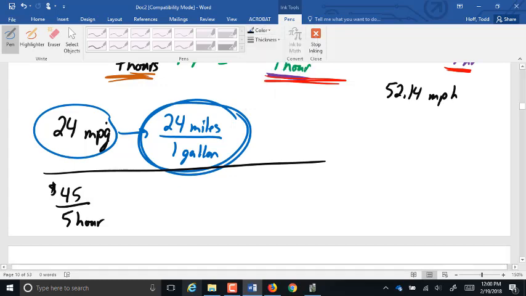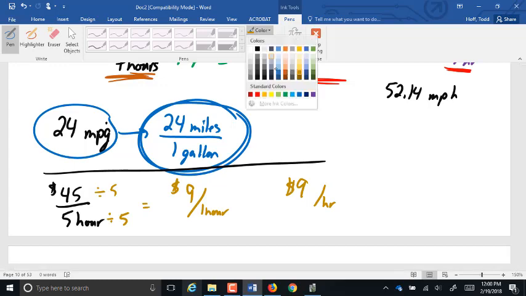Convert that to a unit rate. We would divide by that denominator, the 5, gives us $9 per 1 hour. Of course, we leave the 1 out. That is $9 per hour. That's your wage.